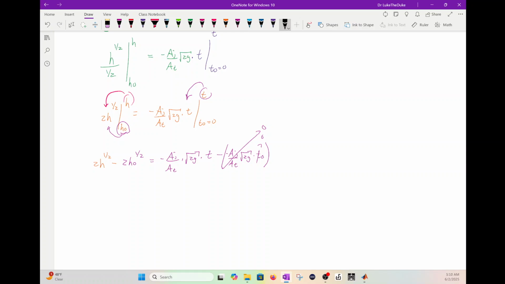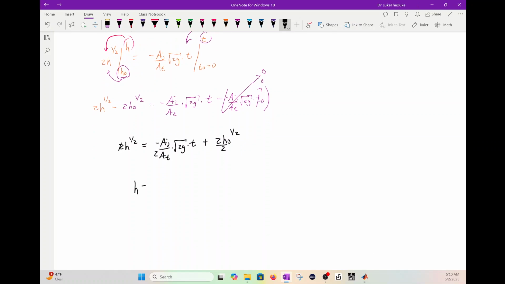So we end up getting 2H to the 1/2 equals negative AJ over AT times radical 2g times t. Then I'm going to add the 2H naught to the 1/2 from the other side. I'm going to divide each term by 2. That takes care of that.